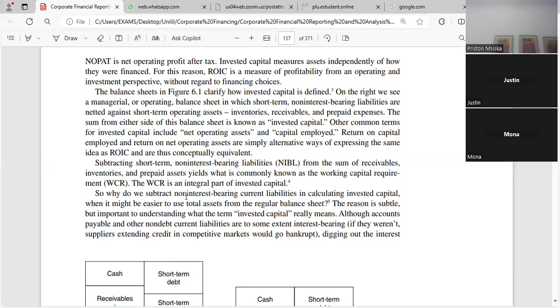Which tells you that sales volumes are not what the company is making. The sales volume does not represent money, does not represent income to the company.